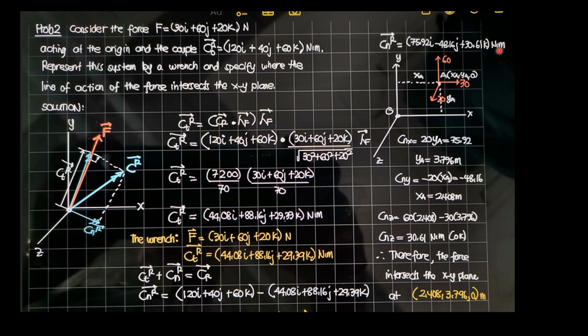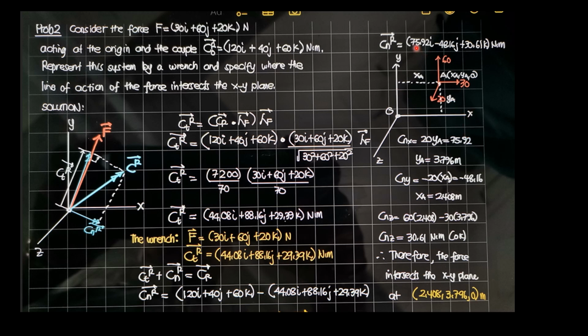So to answer the question where the line of action of the force intersects the XY plane, so this is the X and Y plane, then the components of the resultant force are 30 to the right, then 60 newtons upward, then 20 newtons forward, and the coordinates of that point A would be XA, YA, and of course the Z coordinate would be 0 because this point A is on the XY plane.